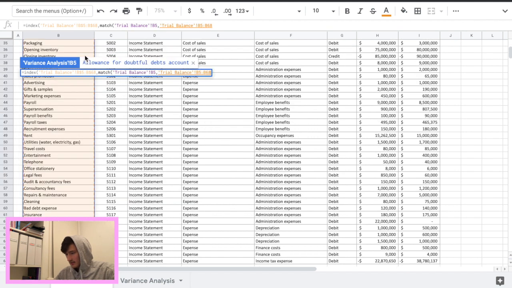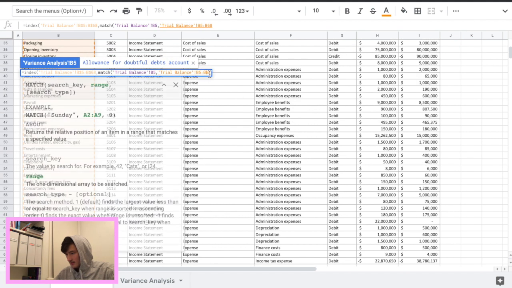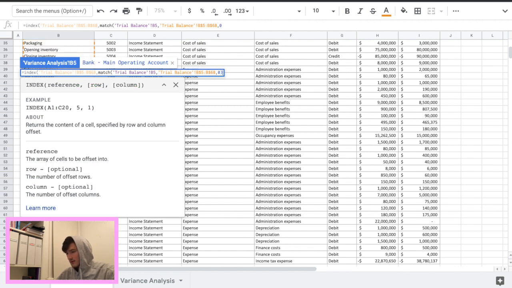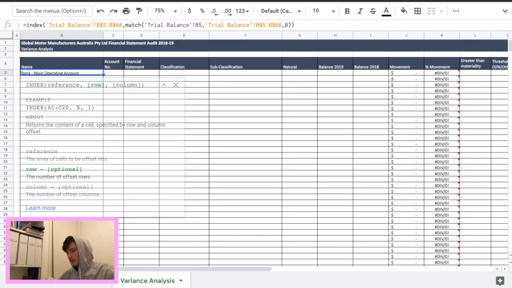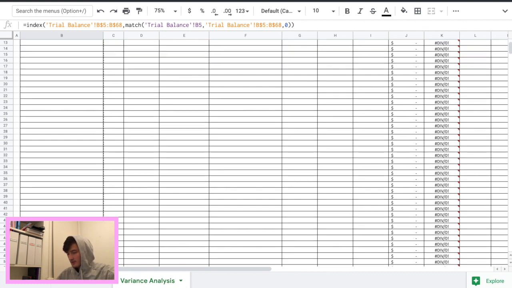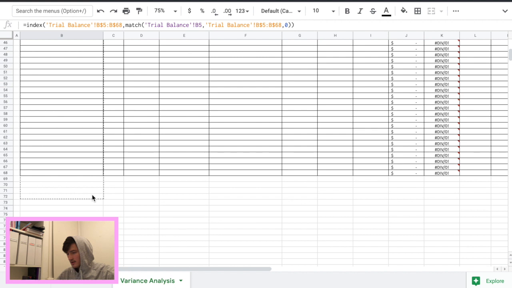Just like that. And now we have to anchor them as well, and then we're going to use 0, which signifies an exact match. There we go. And now when we highlight it down, it should work just the same.